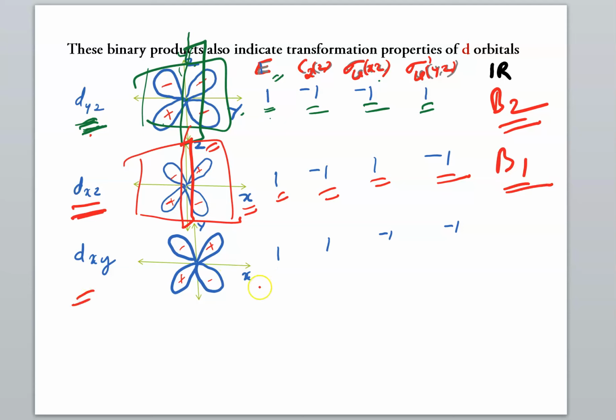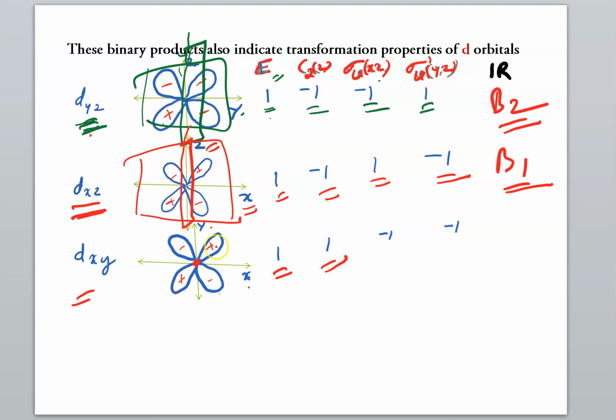And dxy. Here also, this is the x-axis, this is the y-axis. Lobes are in between the axes. E no change. C2z is perpendicular to this plane. On the C2z operation, this plus becomes here, this minus becomes here. No change. Therefore, it's 1. C2 means 180 degree rotation.